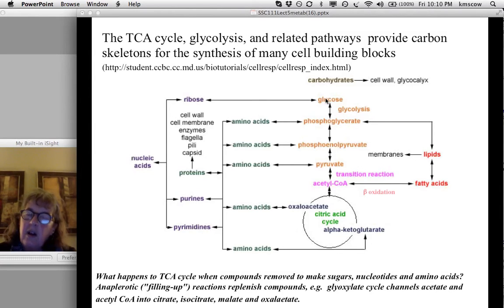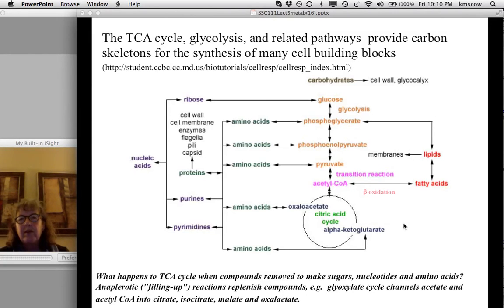Well, all these compounds involved, these intermediate compounds in this series of reactions that go from glucose as our poster child compound, but it could be other ones as well. A lot of them are key intermediate compounds, key intermediates that are the building blocks of all these different kinds of monomers that go into making the polymers of cells.